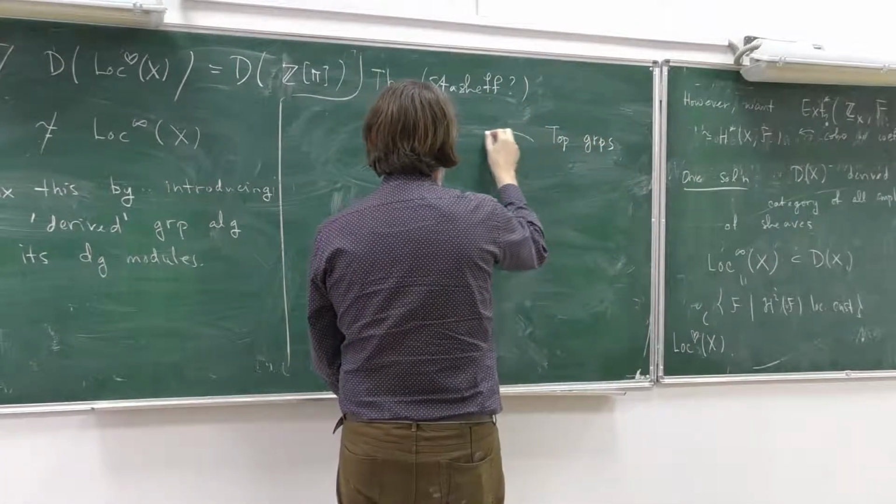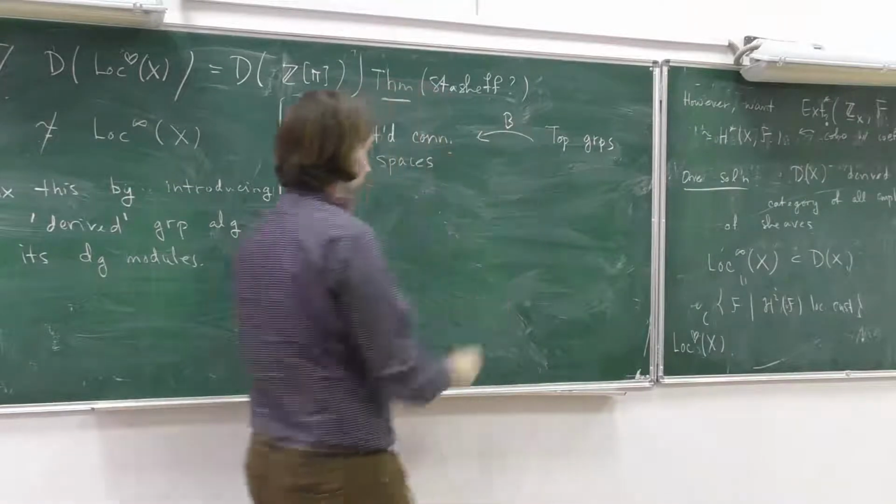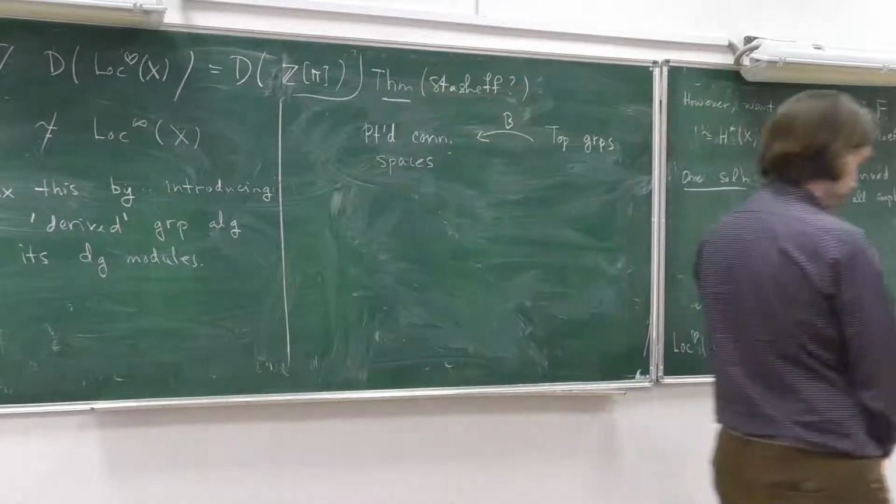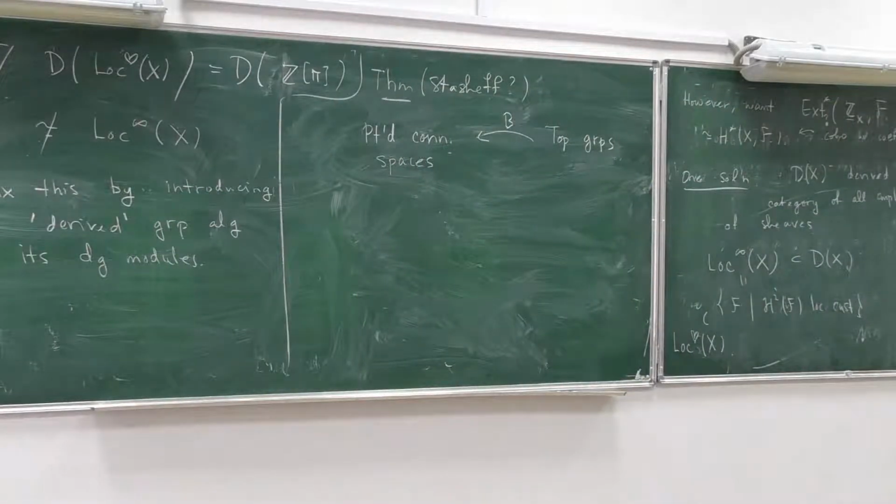Given a topological group, I can form its classifying space. That comes with the preferred base point. So that gives me my pointed connected space.